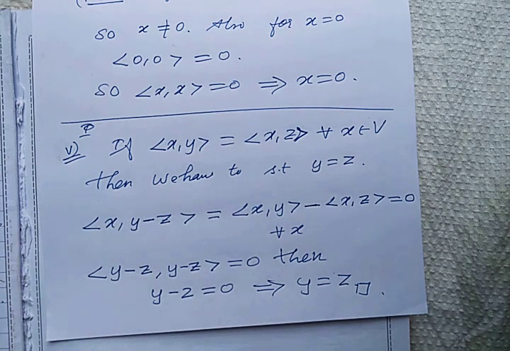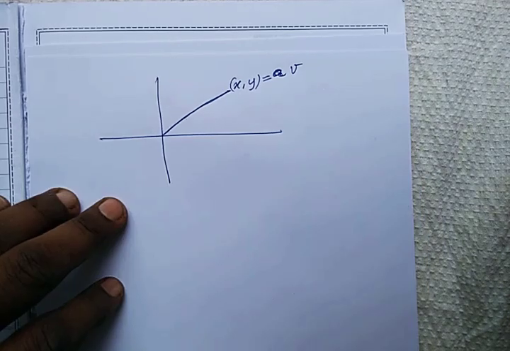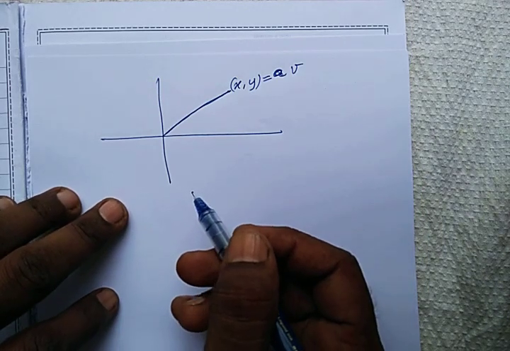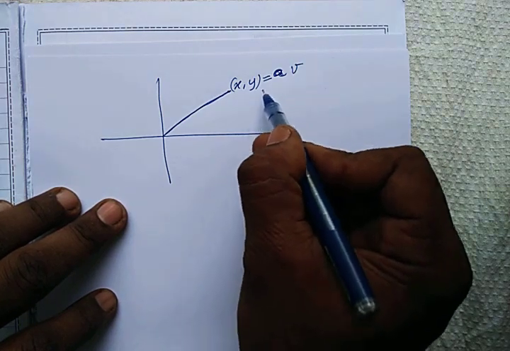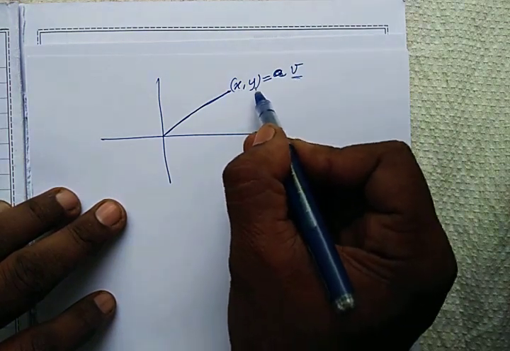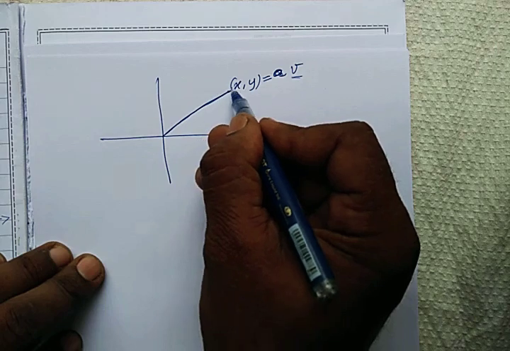Now we are going to define a new notion called norm, or length of a vector x. In R2, just take a point, a vector v is equal to x comma y. Then what is the distance?